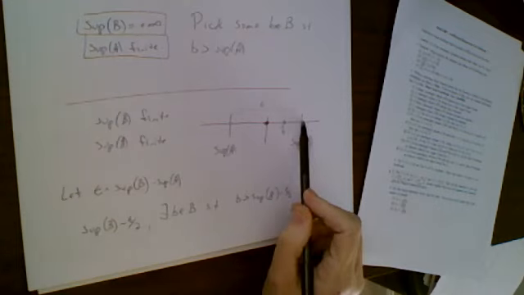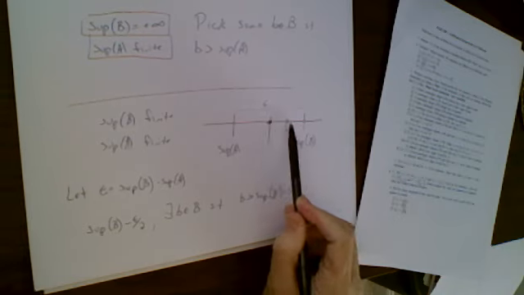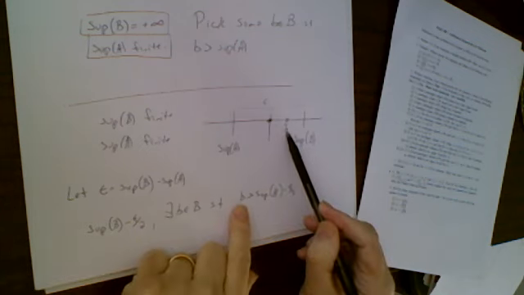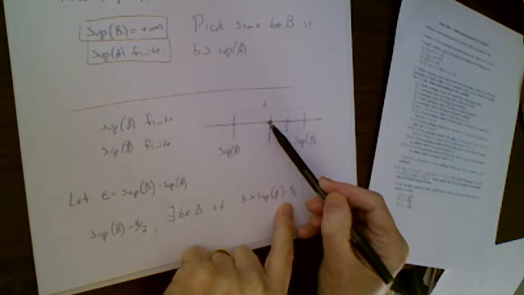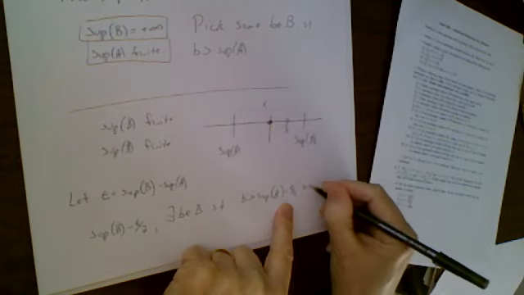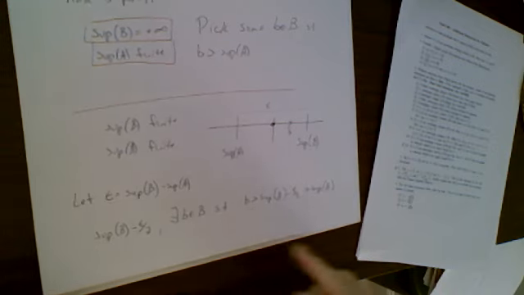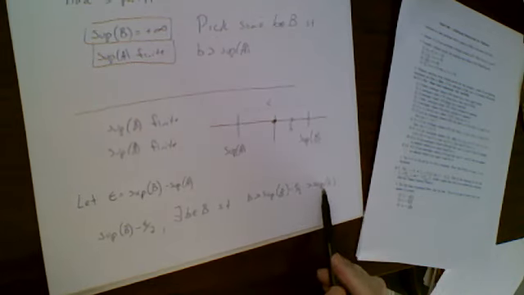Again, if you back up any small positive distance, this is not an upper bound for B, therefore there's an element of capital B which is bigger than it. So there's some little b that beats the sup of B minus epsilon over 2, but the sup of B minus epsilon over 2 beats the sup of A. Well, since the sup of A is an upper bound for A and little b beats it, this means there is indeed an element of B that beats every element of A. So we broke this down into two cases.